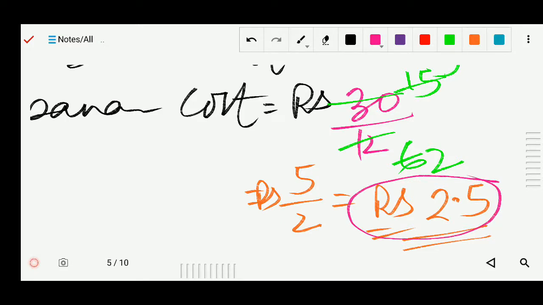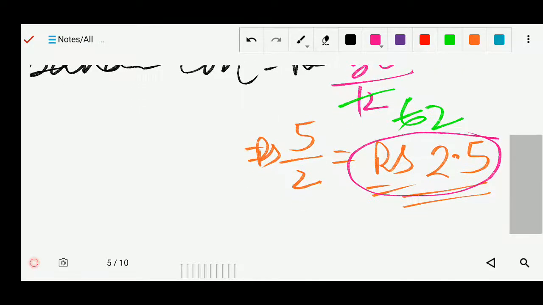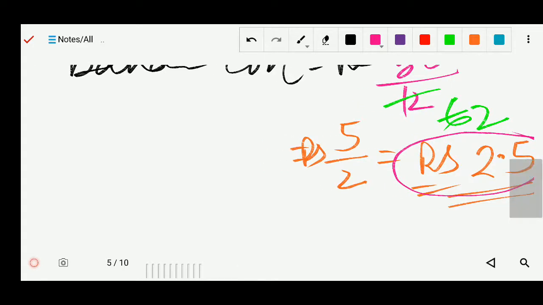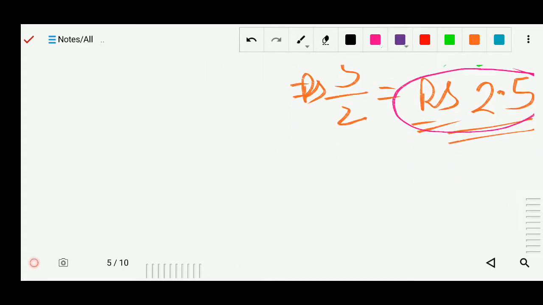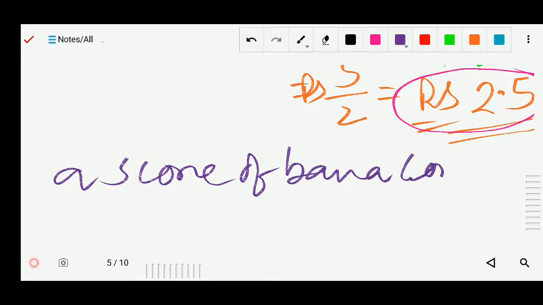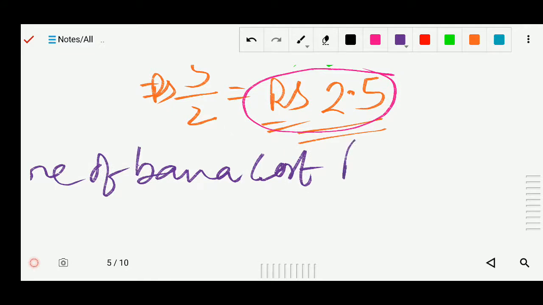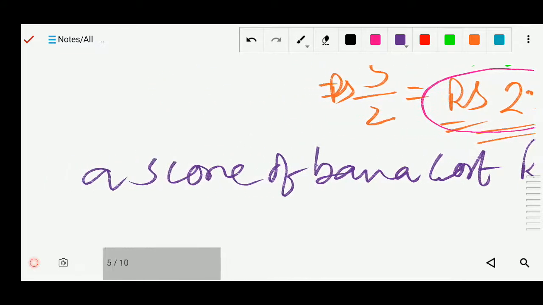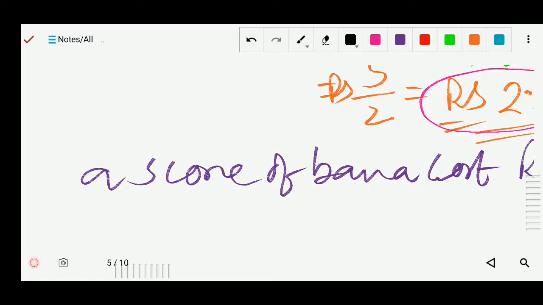Now another situation is given, that is a score of bananas for rupees 40. So that one also we will find out. A score of bananas cost is rupees 40. Now you know in one score how many bananas are there total.